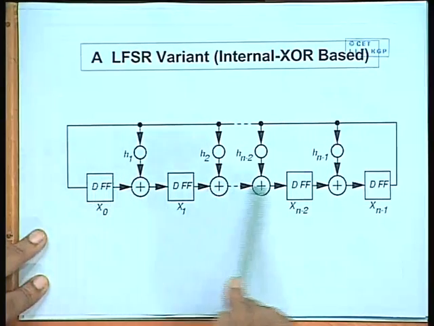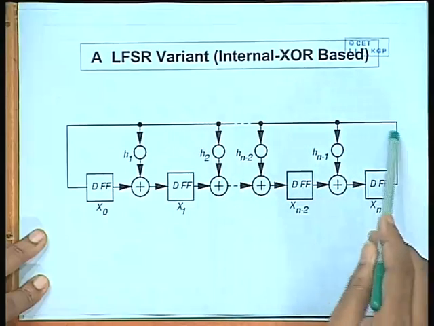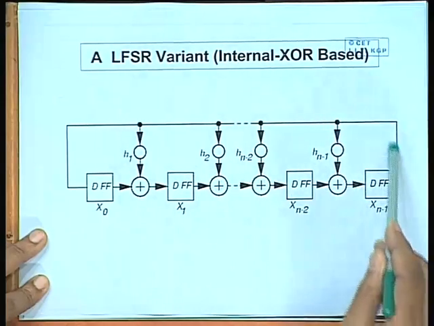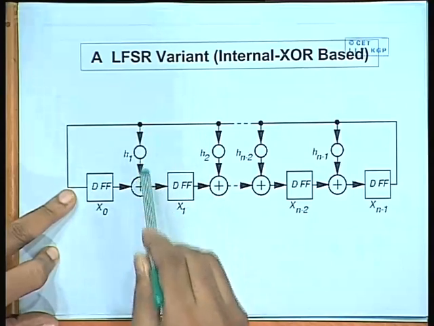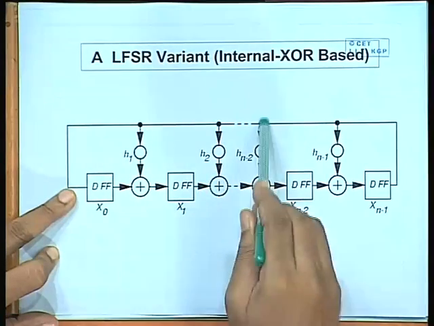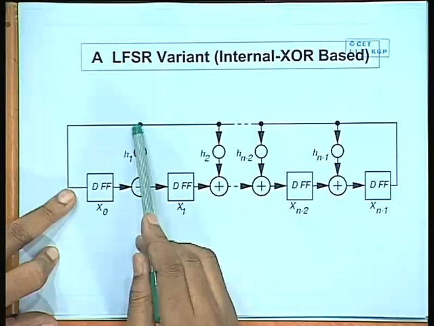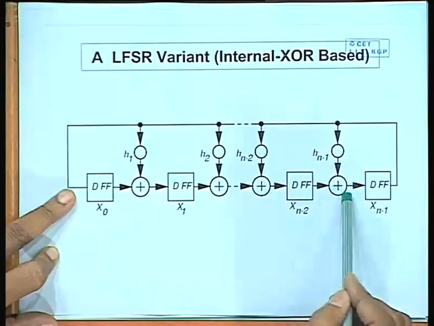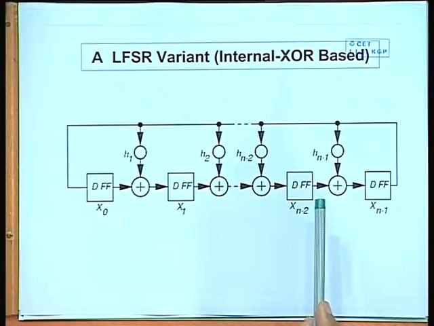You have the shift register with the exclusive OR gates in between, and from the output you have a feedback path to the input, but some of the XOR gates are also fed from here. Depending on the property you want, you will have to select which XOR gates you will feed. So, these are the 2 different variations.